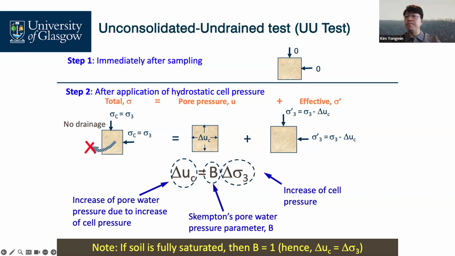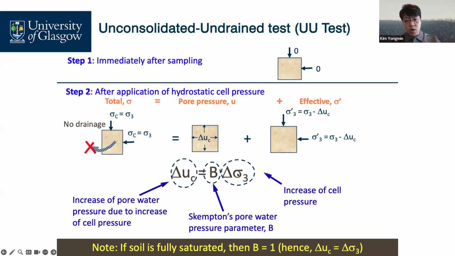Professor Skempton developed this concept. The Skempton water pressure parameters, Skempton parameters, just simply the B value. This is the increment over the increment of your confining pressure.